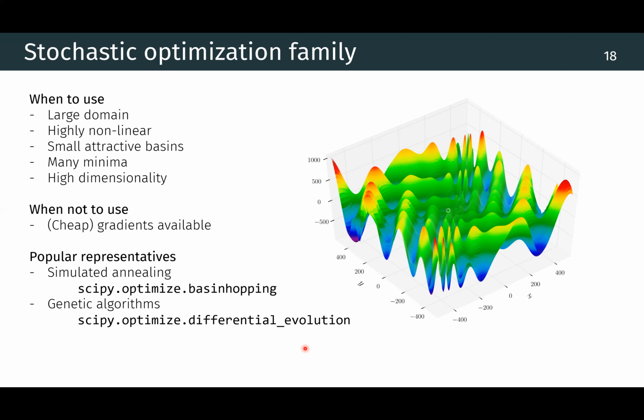So in practice, whenever you have a large nonlinear search space with narrow attractive basins, then you want something that adds a little bit more randomness to the approach. There are two main flavors where this makes sense. The one is simulated annealing.